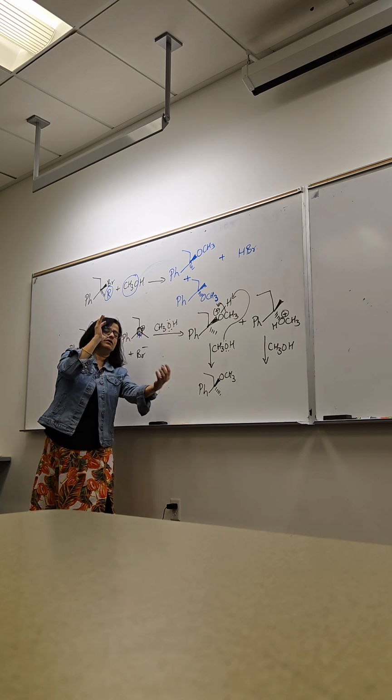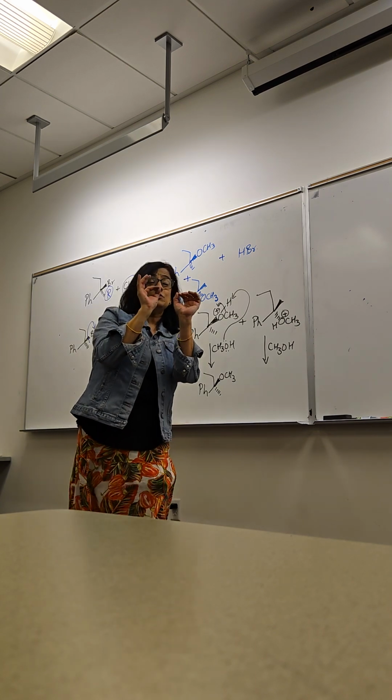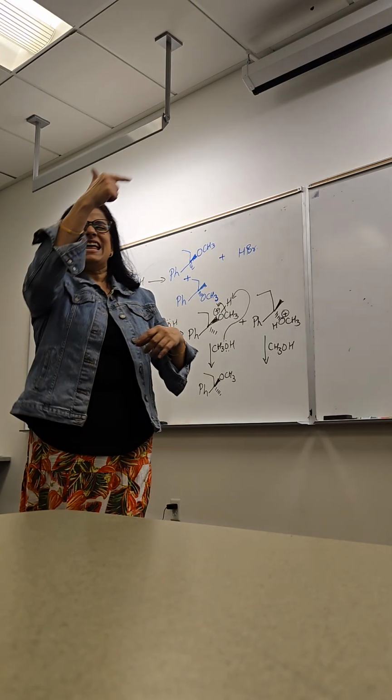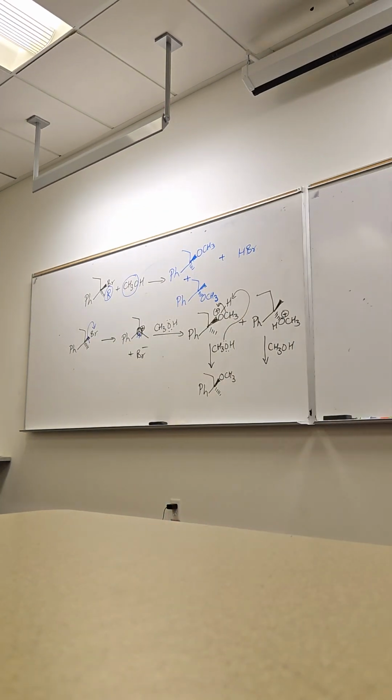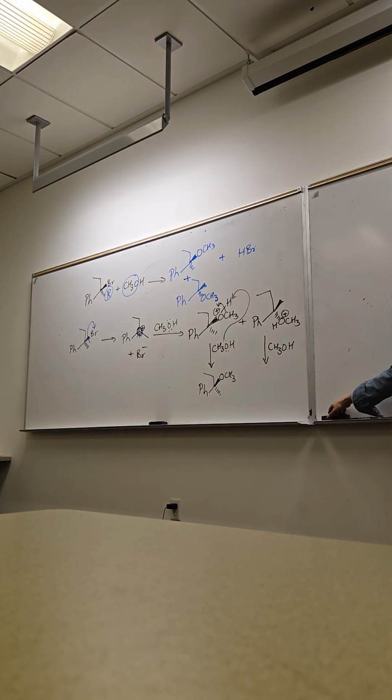So the nucleophile can come from the other side only, but for a small amount of time. So that gives it a little bit of an edge. We're not going to talk about it. For us, SN1 produces a racemic mixture and we're done.